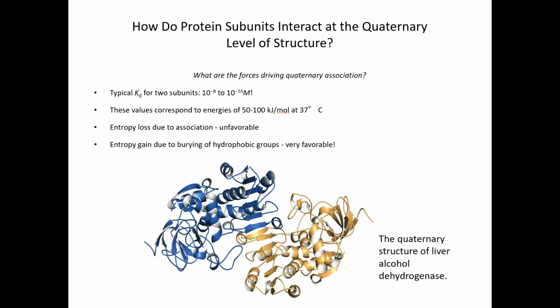And what I'd really like for people to focus on is the fact that, imagine each of these subunits separately in solution. Their hydrophobic residues would be buried in the core, and they'd be soluble subunits.